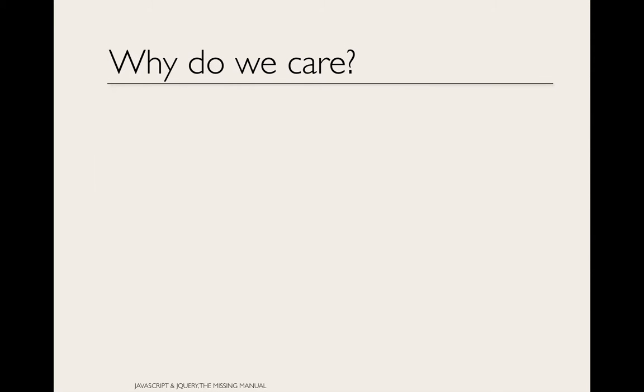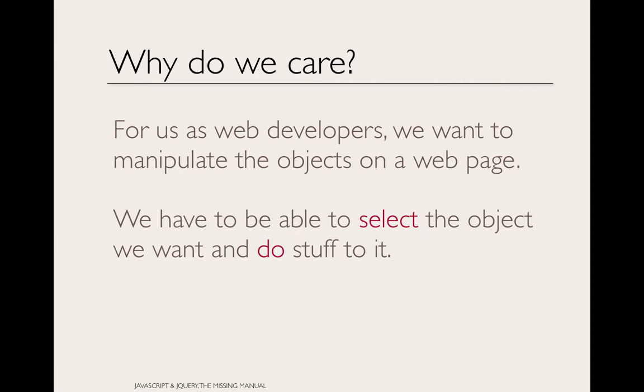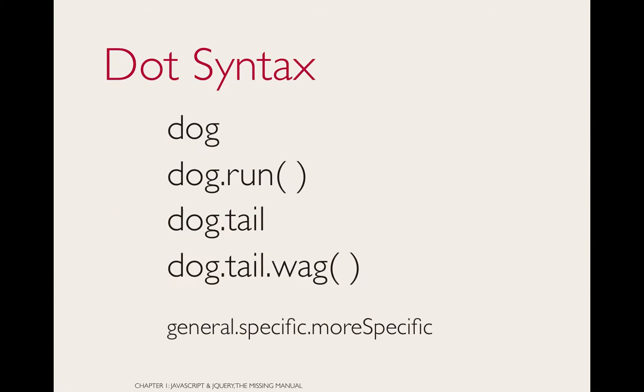So why do we care? Really? I mean, come on, why do we care? For us as web developers, we want to manipulate the objects on a page. We have to be able to select these objects that we want, and we have to tell them to do stuff. That's the whole idea here. If you look at putting this all together and telling the computer what object you want to select, what you want it to do, we use this convention called dot syntax.